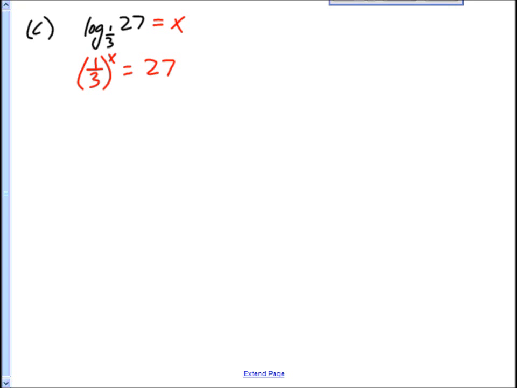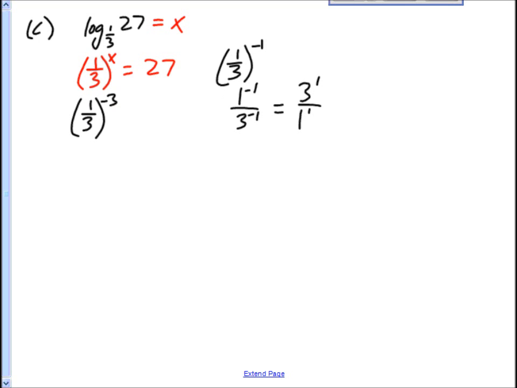Would that work? Well, 1/3 to the -1, that's 1 to the -1 over 3 to the -1. In other words, 3 to the 1 over 1 to the 1, right? When you run the negative exponent definition there. So you got 3. So it's not -1. How about to the -3? There you go.